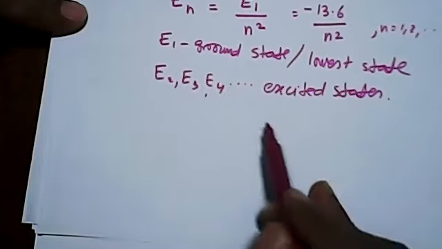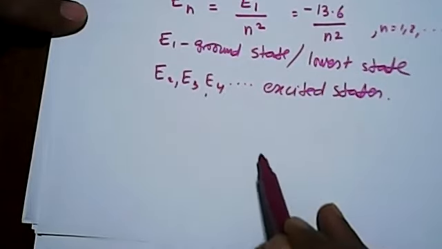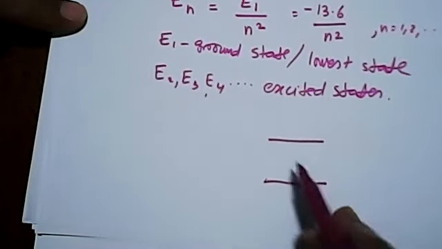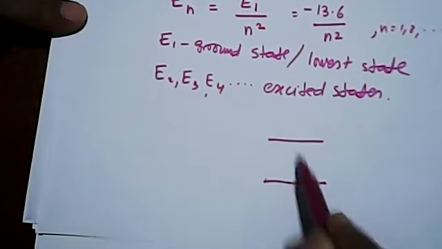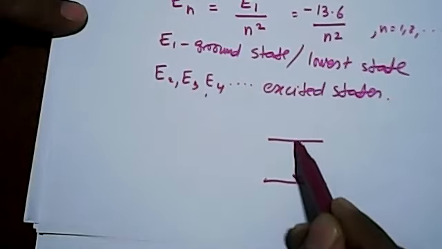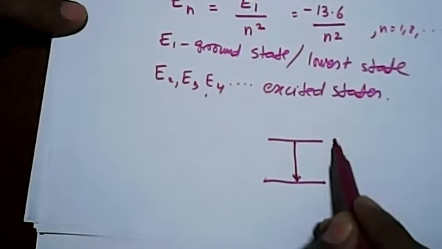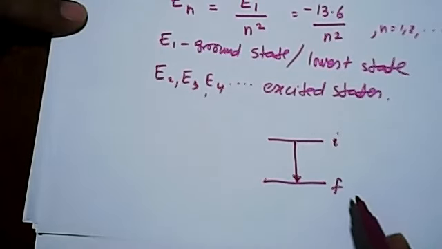Okay. For that, you consider two states. Okay, two states. We are considering the emission. So it is a transition from higher to lower state. So this is the initial state I, and this is the final state F. Okay.